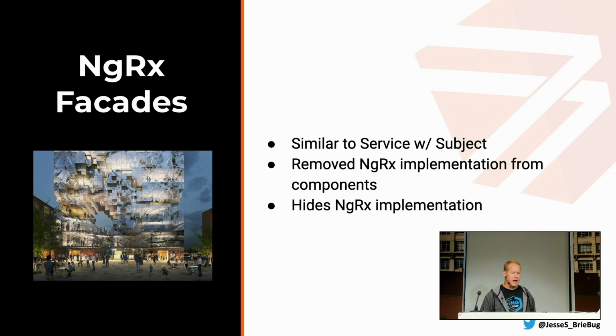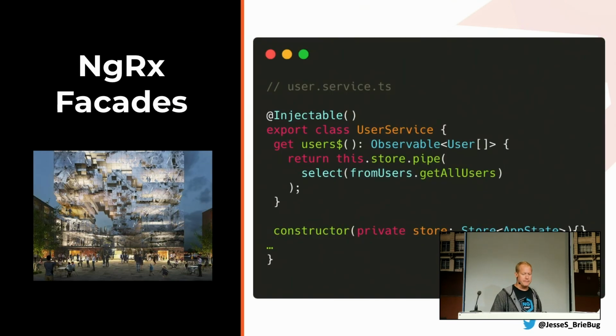So we can have a component that was originally written with behavior subjects, with a service with a subject, and then upgrade it to NgRx, and the component code doesn't need to change at all. The component code could stay exactly the same. Your choice. What's nice with facades, and how this is all possible, is because it hides the NgRx implementation in the facade class. So let's take a look at what that might look like.